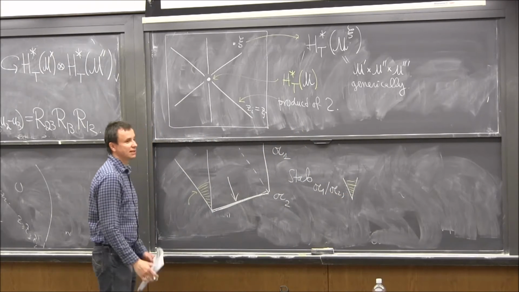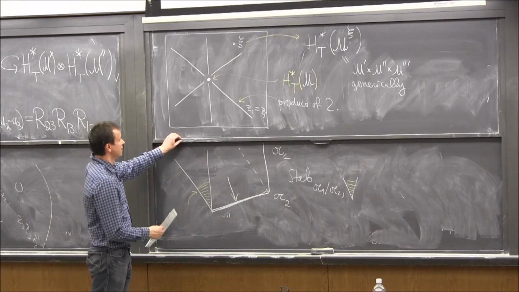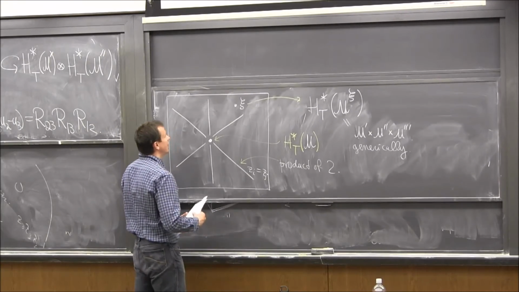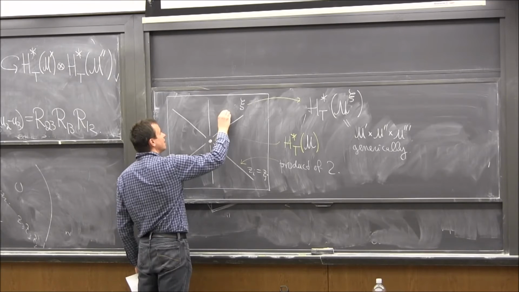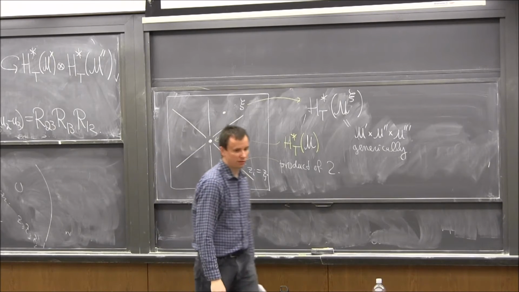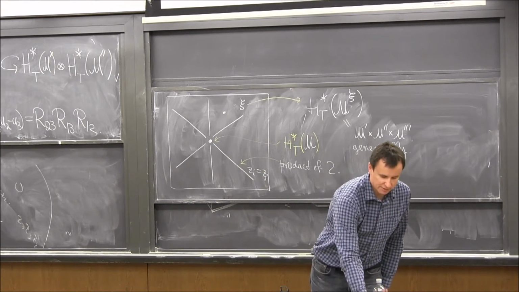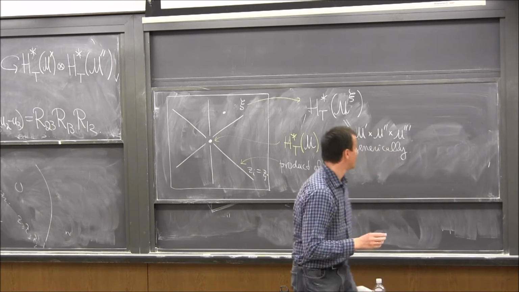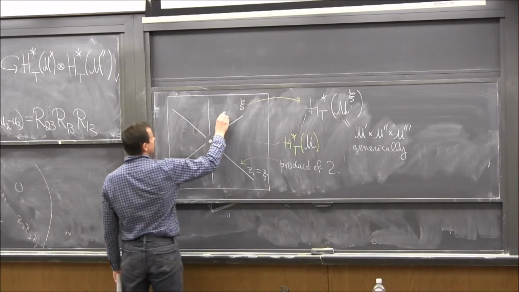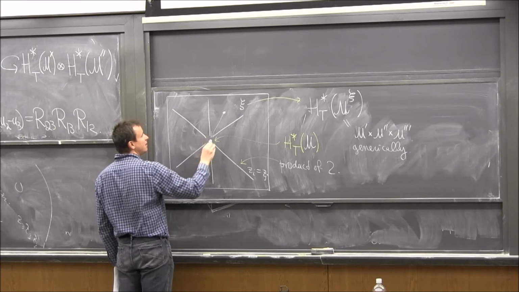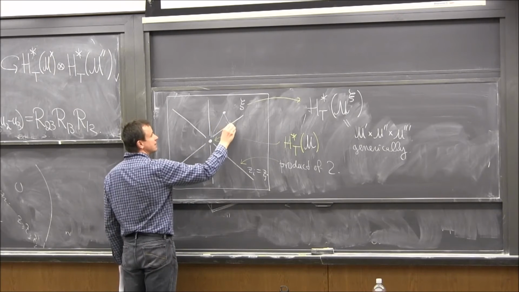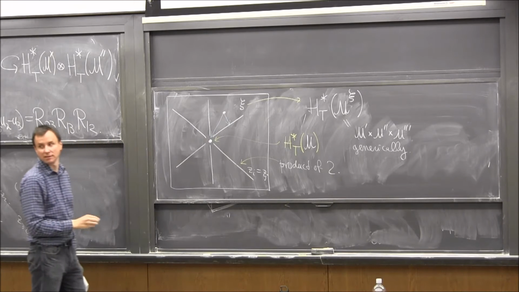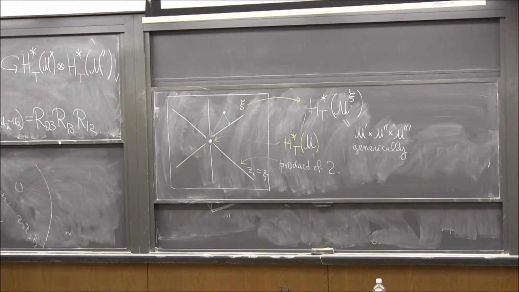And then the statement is that these maps are compatible, meaning if I have a generic point psi, I can either take the stable envelope all the way here, or I can first go to a facet and then go within the facet. First go to a wall.